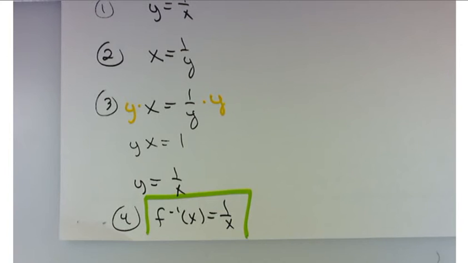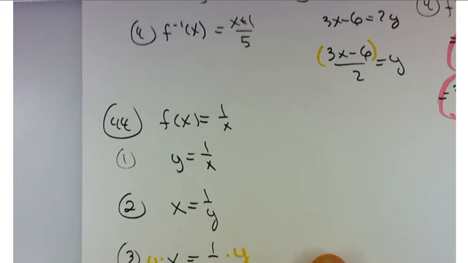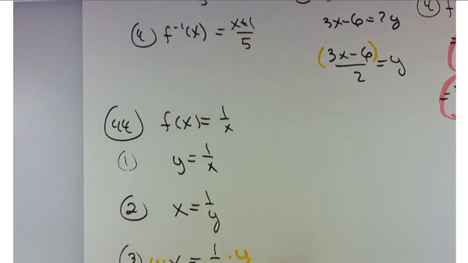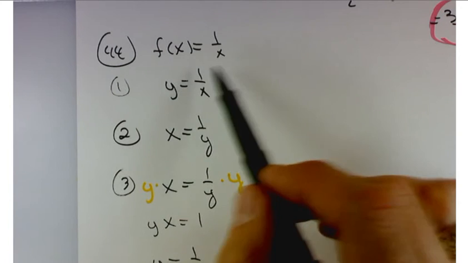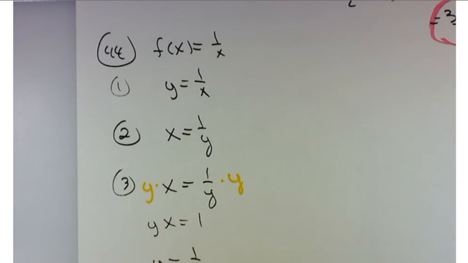If you skipped all these other steps, I think I'd be unhappy. I want to see some work. Now, chances are you're not going to get something quite like this, but I do want to see some work. I was grading tests for my other class just yesterday, and there's a couple people that had the right answer but didn't show me any work, and they lost some points because I don't think that many people can do this stuff in their heads.